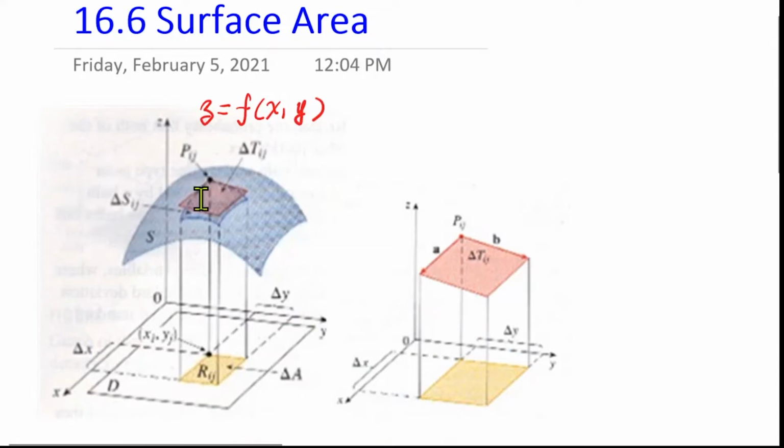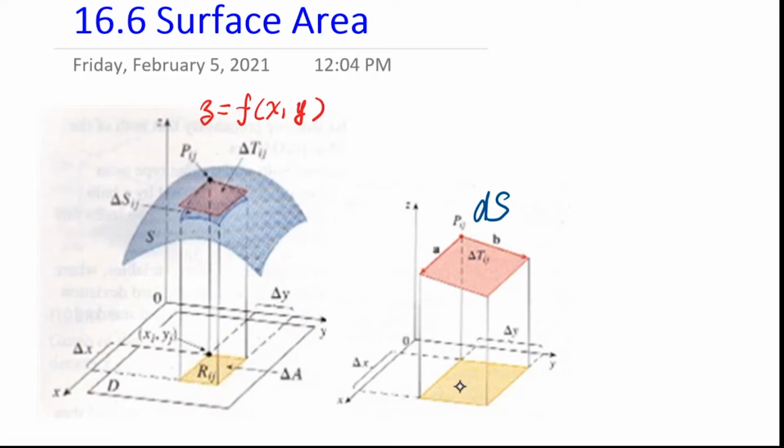Okay. Now we need to find the formula for dS, and this is an enlarged picture. So this is my dS, and this is my region. I'm going to label this thing dS, capital S, as opposed to lowercase s, which is the arc length.